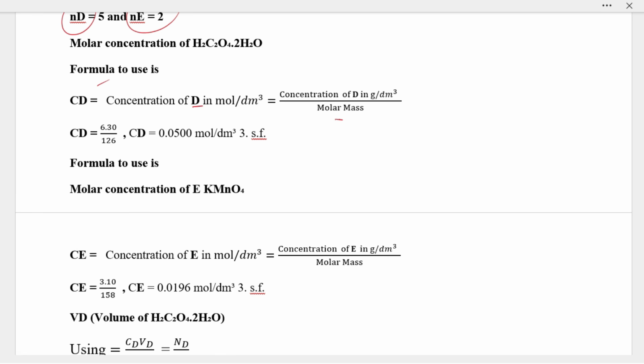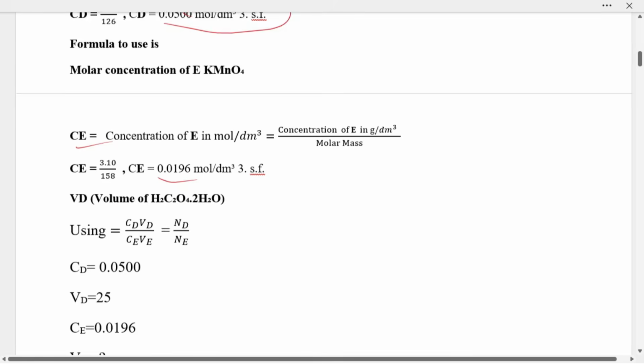That will be 6.3 divided by 126, which gives us 0.0500 mole per dm³. It must always be to 3 significant figures. While for E, we're going to have 3.10 divided by 158, which gives us 0.0196 mole per dm³, which is also to 3 significant figures.